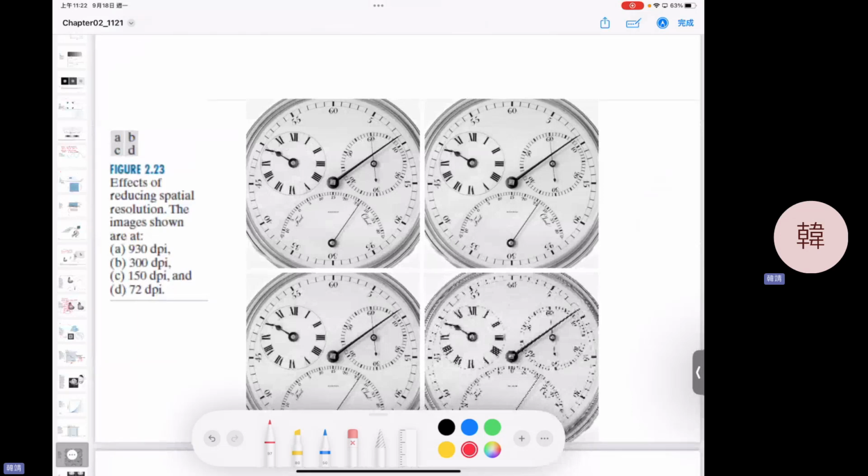Okay, so let's see this one. This is a different spatial resolution. Now we are going to discuss the spatial resolution and the intensity resolution. Are they independent? What's your expectation? Now we know there are 2 resolutions you have to consider. The first one is the spatial resolution, which is how many sampling points in a specific range, maybe high resolution or low resolution to sample.